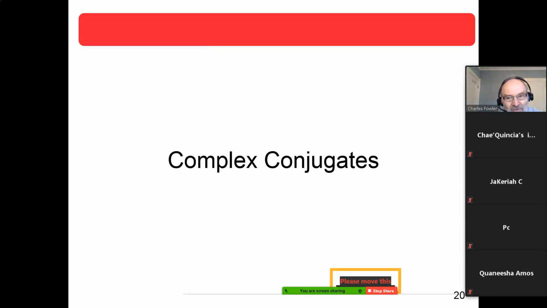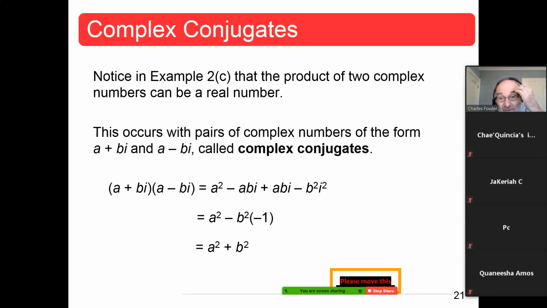All right, now we're going to talk about our complex conjugates, which I already pointed out to you we did in the last set of exercises. Okay? Notice in example 2C that I pointed out to you, the product of two complex numbers can be a real number. Okay? That occurs with pairs of complex numbers of the form a plus bi and a minus bi.